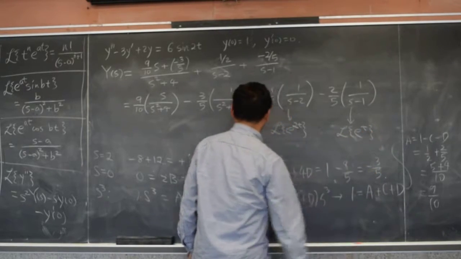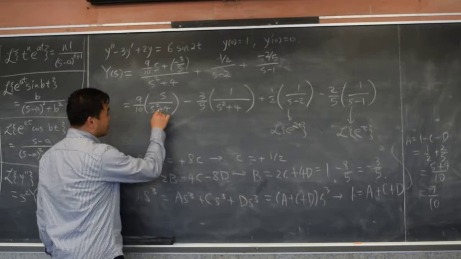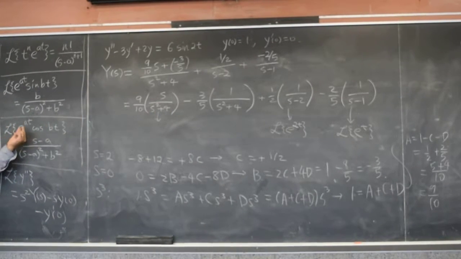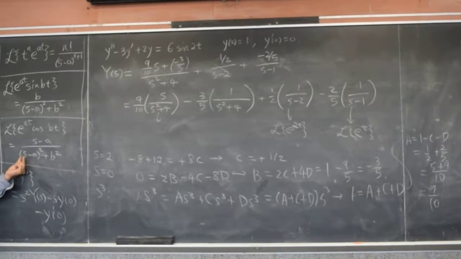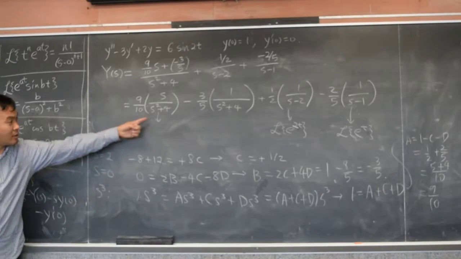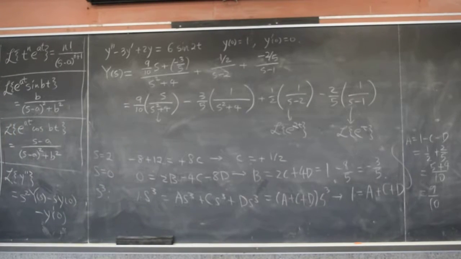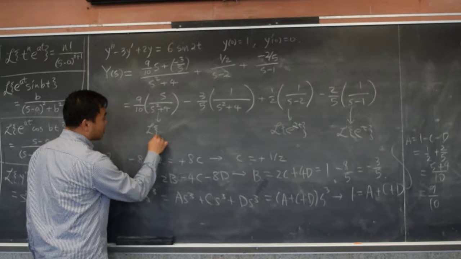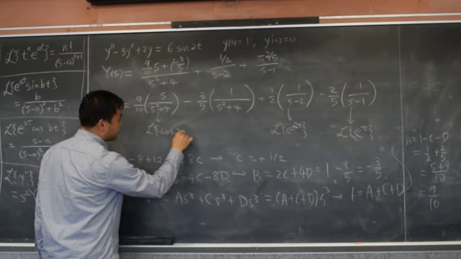Yes. And then this is the Laplace transform of, oh, look at this one. If a is 0, you have s over s squared plus b squared, right? If a is 0. So where's that from? Cosine of 2t. So this is a Laplace transform of cosine of 2t.